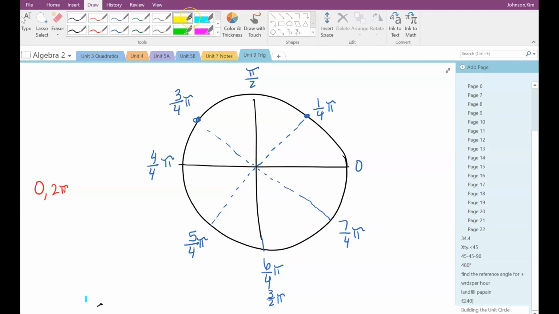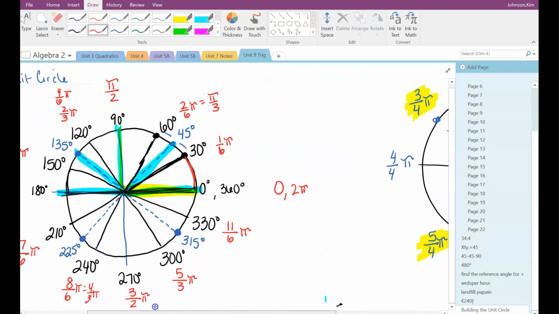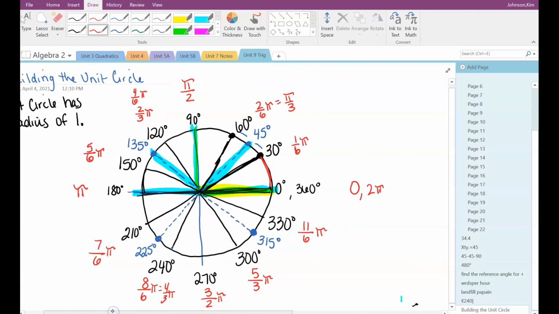So I'm going to focus on the ones that we're filling in because we already have the axes filled in. And we'll start to notice a relationship here. As we work around the circle, moving clockwise or counterclockwise, these are odds over 4. So 1/4, 3/4, 5/4, and 7/4. So I'm going to go back and fill that in, just thinking odds over 4.